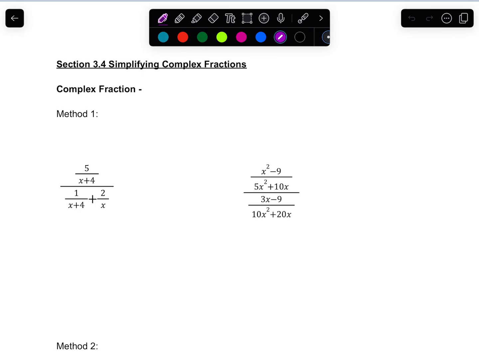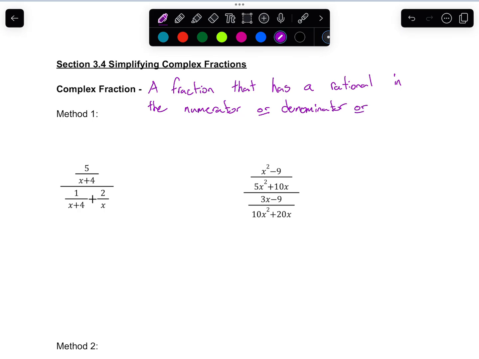Welcome in, everyone. In this video, we are going to cover simplifying complex fractions. A complex fraction is simply a fraction that has a rational in the numerator or denominator or both.